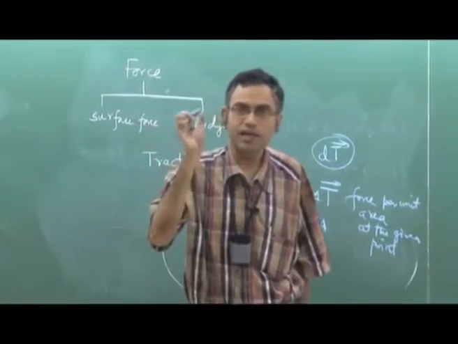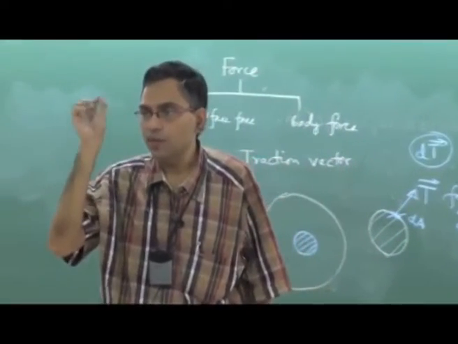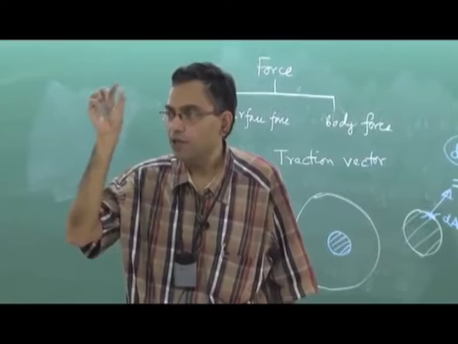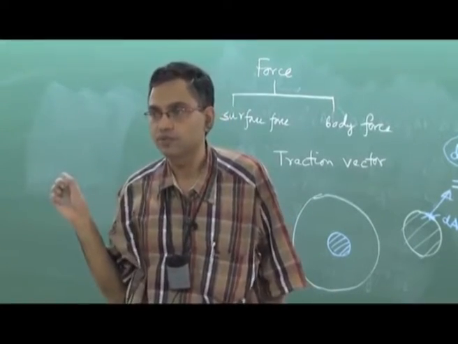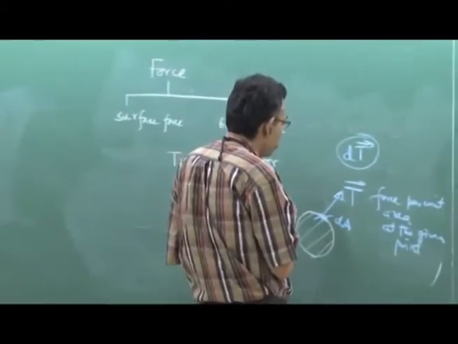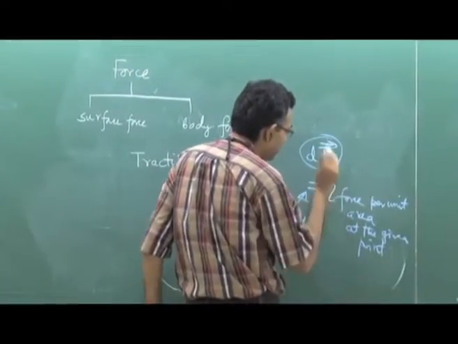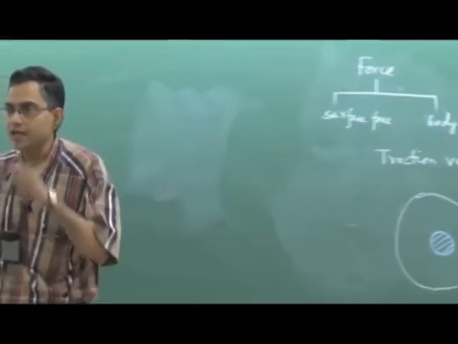So this force at a given point does not only depend on the location of the point, but also on the orientation of the area chosen to calculate the force. To specify that, you use a superscript eta with T. This eta is a unit vector normal to the surface dA.